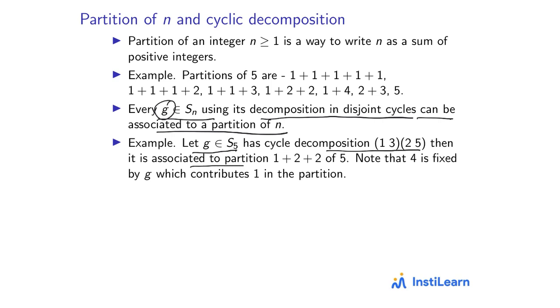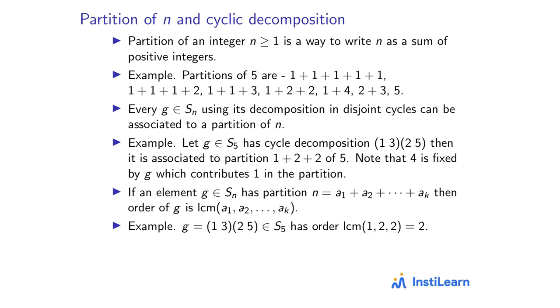Then we associate it to the partition 1 plus 2 plus 2 of 5. How? So these are two cycles, 2 and 2 comes from here, and you can see that one number 4 is missing. So of course 4 is being fixed by the permutation G, so that gives us 1. So 1 plus 2 plus 2, we associate this element to this partition.